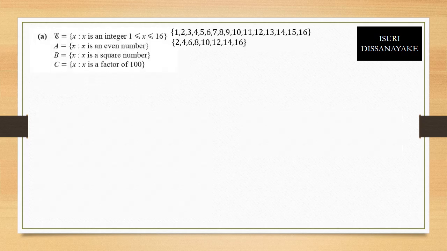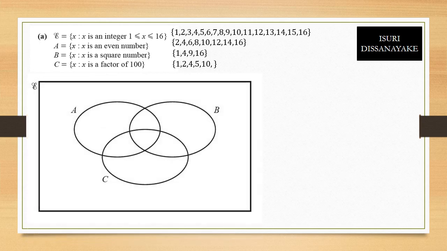So here I have listed the elements of universal set, set A, set B and set C. Now I am going to input the information into the Venn diagram. The first element I am going to input is the one common for all three, that is 4.